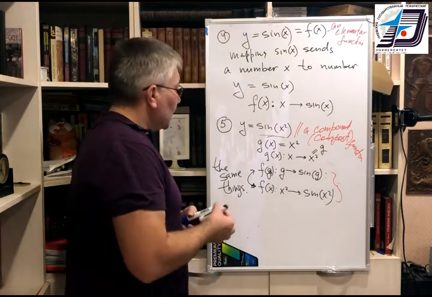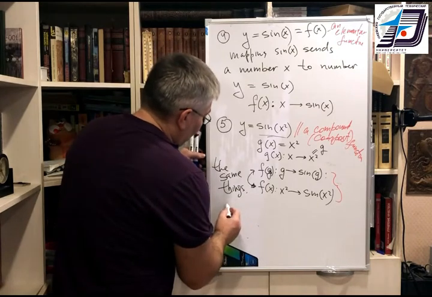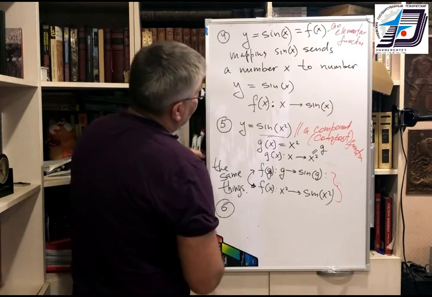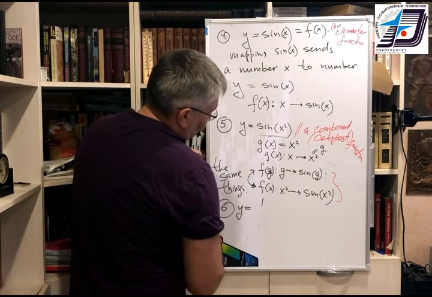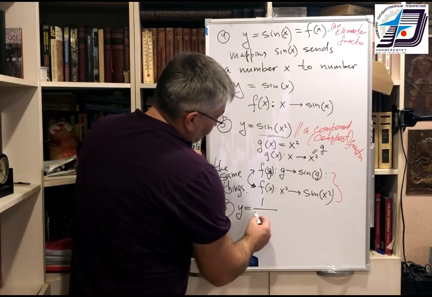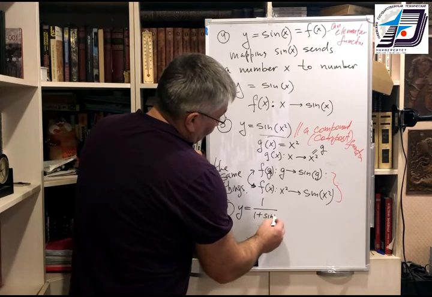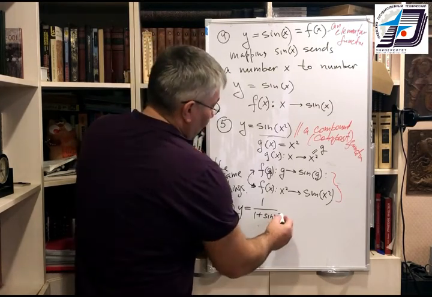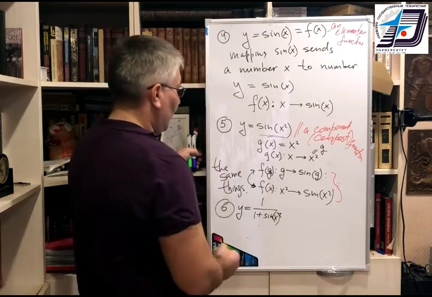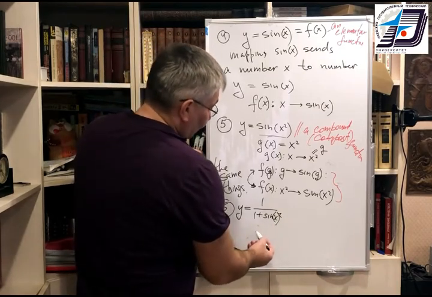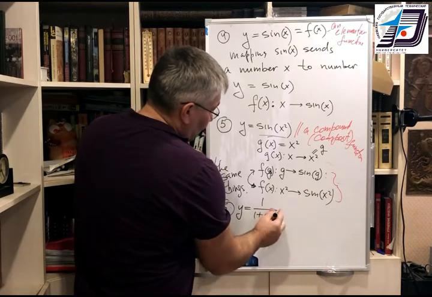And what about, for example, the sixth example? Y equal 1 plus sine x squared, for example. Here we have sine squared.